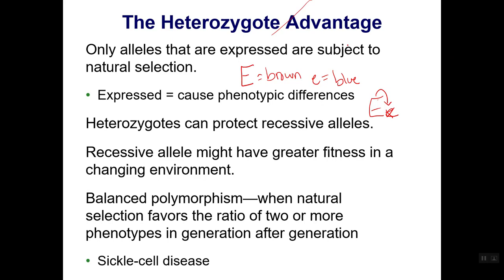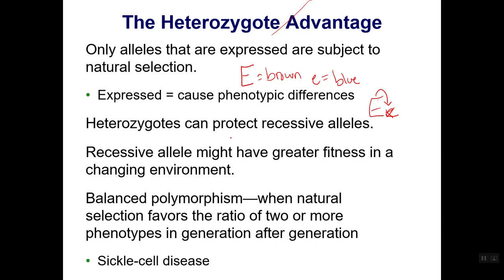So again, the alleles that are expressed are the ones that are subject to natural selection because the ones that are expressed cause the phenotypic differences. So heterozygotes can protect recessive alleles. Even if you have a little e, you'd still be able to pass it down to the next generation, and it would not affect your ability to survive or reproduce because you express the dominant phenotype.